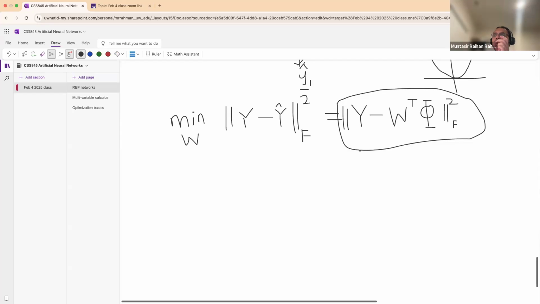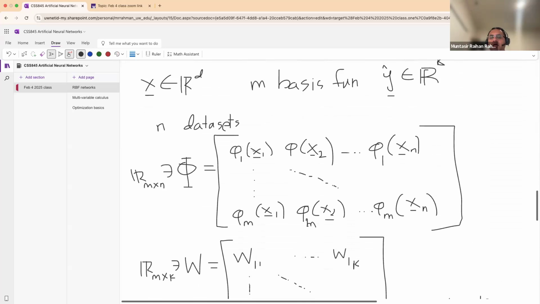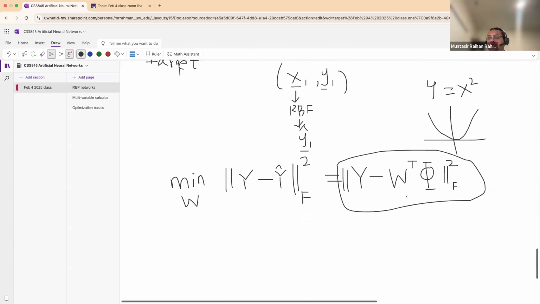Y is a matrix of constant values. Phi is also constant, because we are taking all these input vectors and computing this phi on all of them, so these are also known quantities. So this is again going to be a constant based on the input data set. The only variable here is W. So we want to find a matrix W such that this term is minimized.